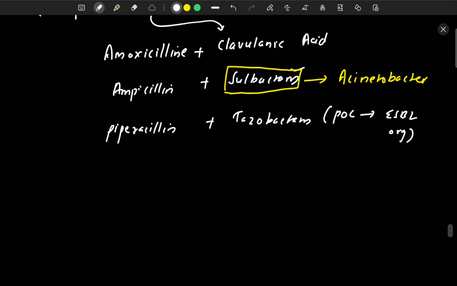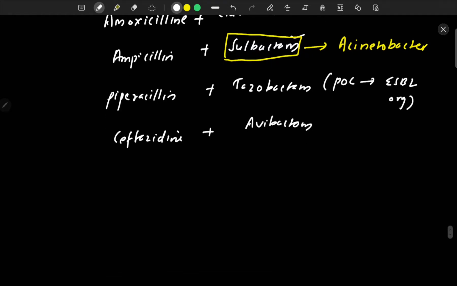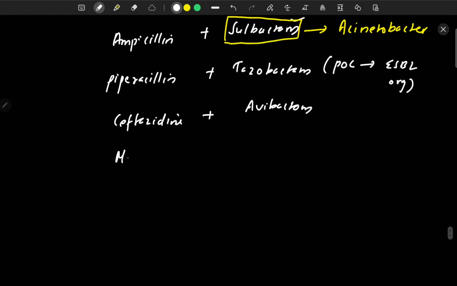Then we can combine ceftazidime with avibactam, and meropenem with vaborbactam.